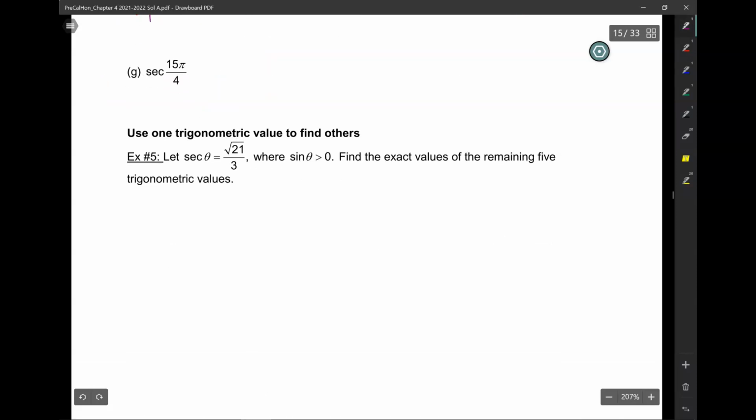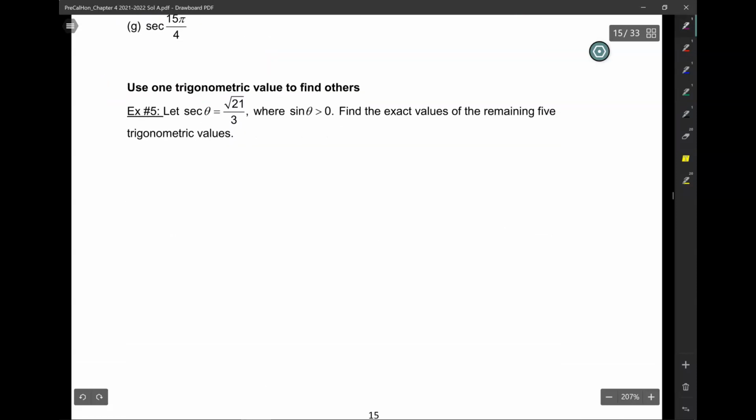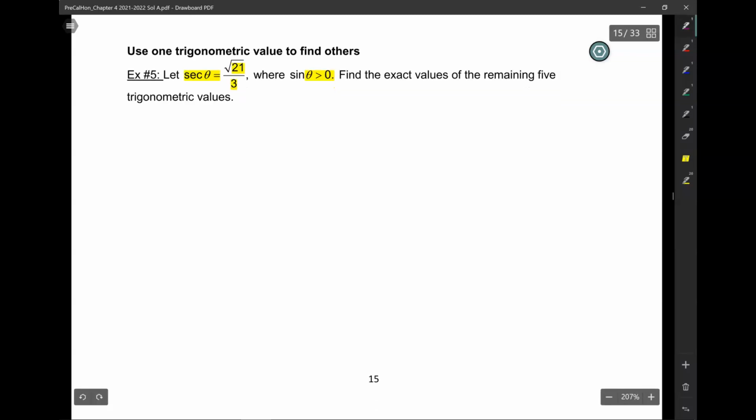Okay, so this is one that we had done previously, a similar one. So we have secant is root 21 over 3. And now it says where sine is positive, find the exact values of the remaining 5 trig values.